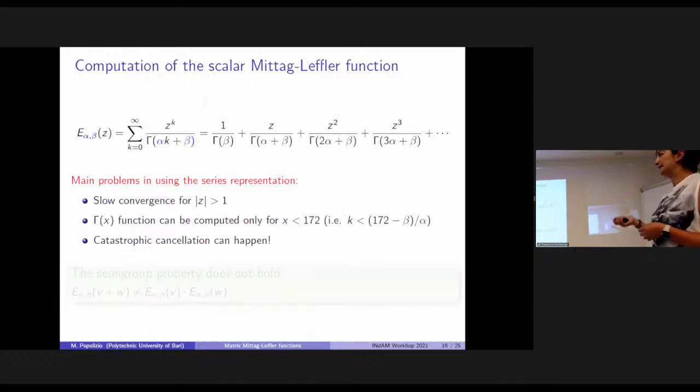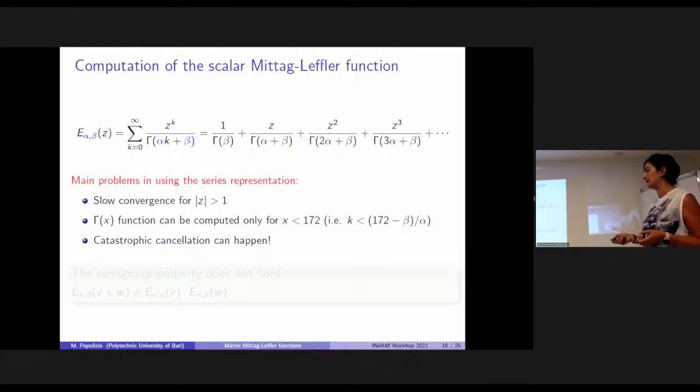The fact is that the expression for the Mittag-Leffler function is simple. You see, you have just this series, but it's not as simple as with the exponential, because the convergence is very slow. So we would need a lot of terms to compute an approximation of this series.